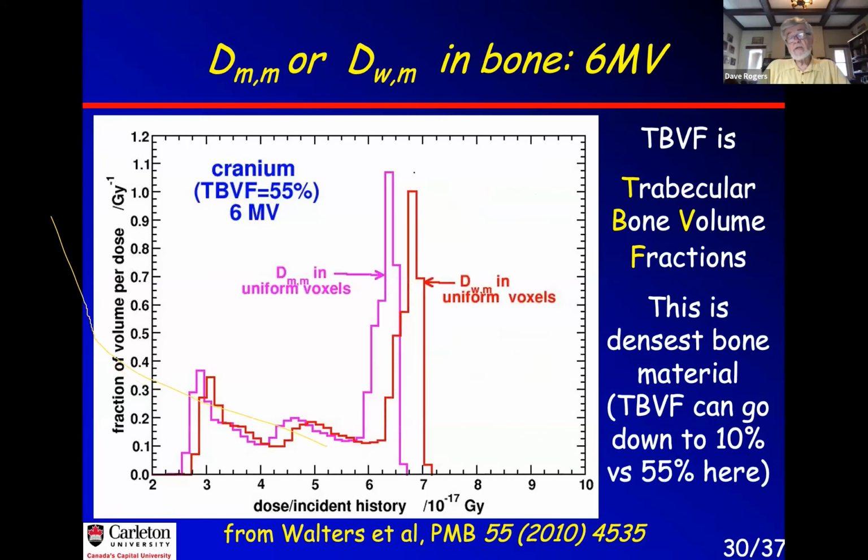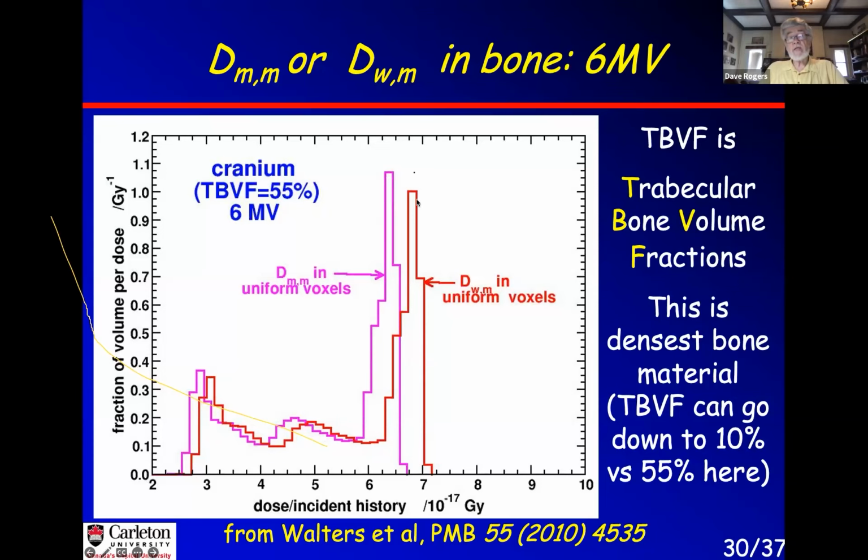And then they did this calculation for the homogenized model, where instead of having the detailed geometry, they just had 1.2 millimeter voxels of the average value material. And you can see here that, first of all, if they just calculated the dose to the medium as it stood, they got the pink here.